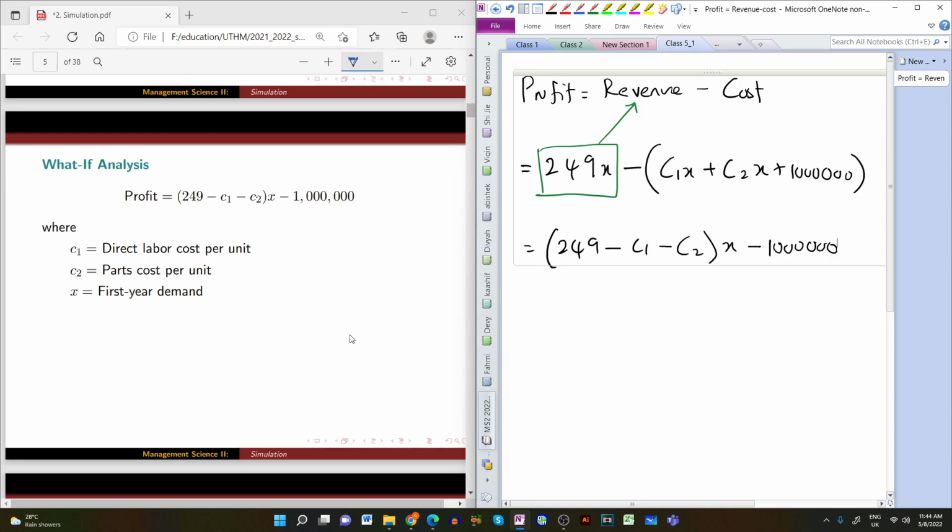Doing this kind of profit computation based on multiple scenarios, we call that what-if analysis. What-if analysis means we ask, what if C1 and C2 have different values, x a different value, what is the profit? Maybe that is the reason they came up with the term what-if analysis.